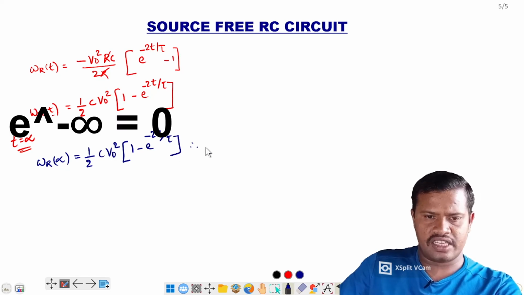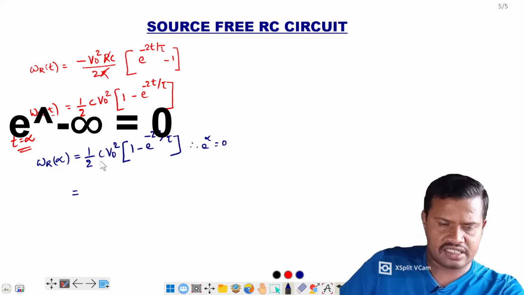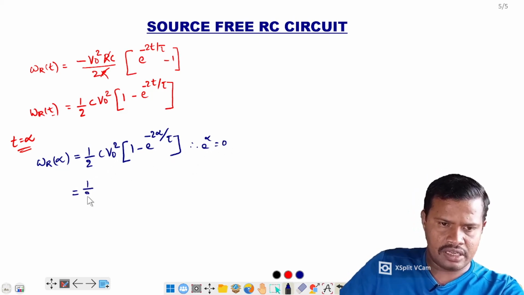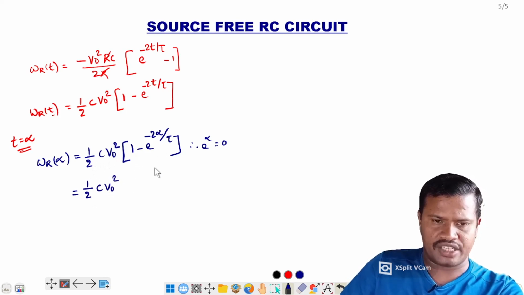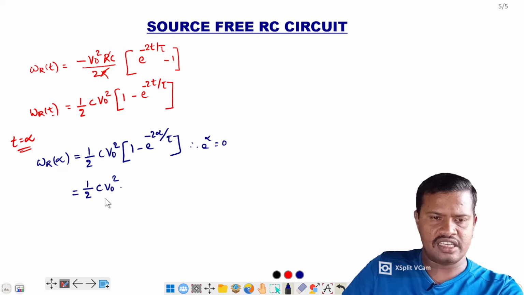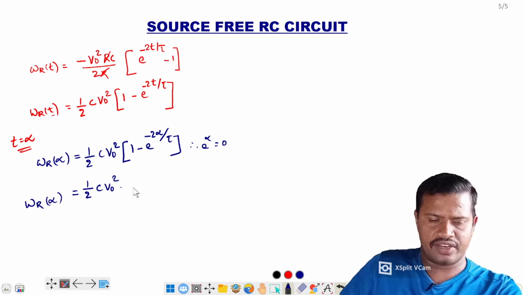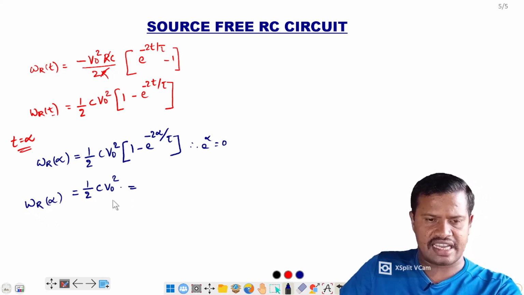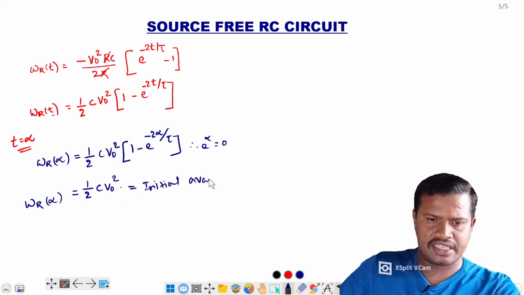As we know that e to the power of minus infinity is equal to 0, we can rewrite the above equation as half C V naught square into 1 minus 0, which is 1. So this is the final value, the energy dissipated by the resistor at t equal to infinity, and it is exactly equal to the initial available energy in the capacitor.